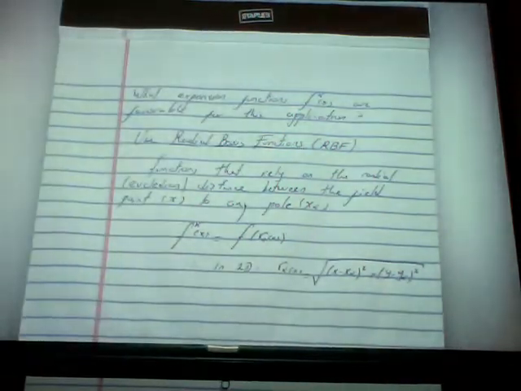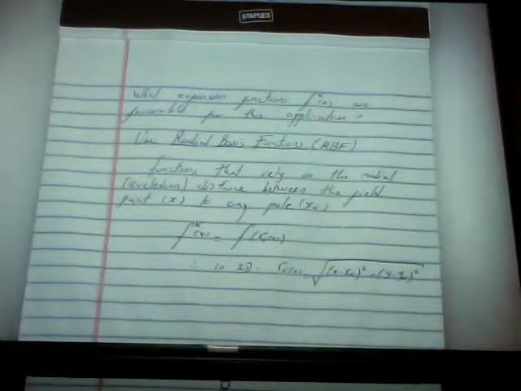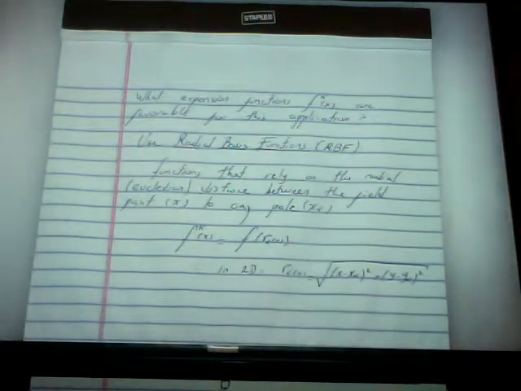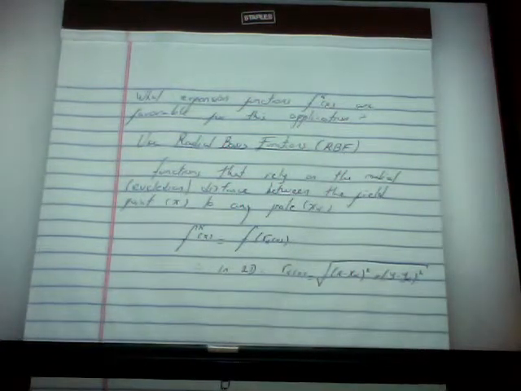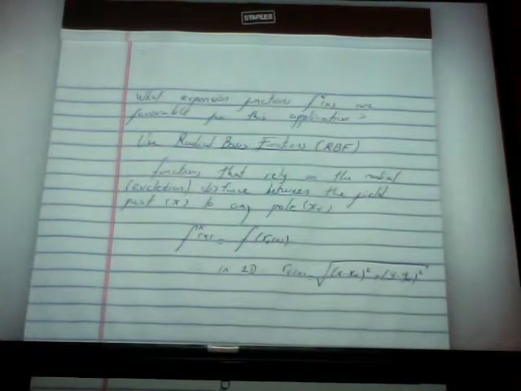That's it. So we pick functions that only depend on radius, but that's the radius with respect to a selected pole. And these functions will end up being linearly independent of each other, infinitely integrable, infinitely differentiable, and would satisfy the condition of being able to interpolate a field whichever way we want.